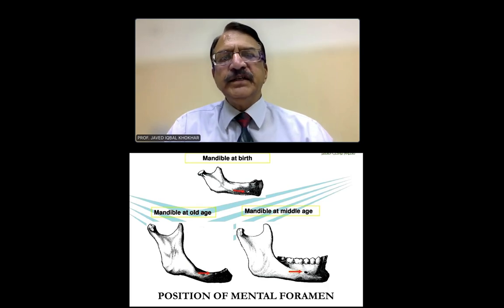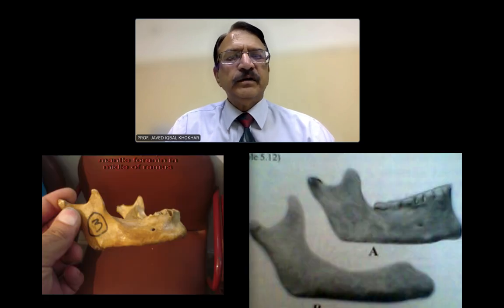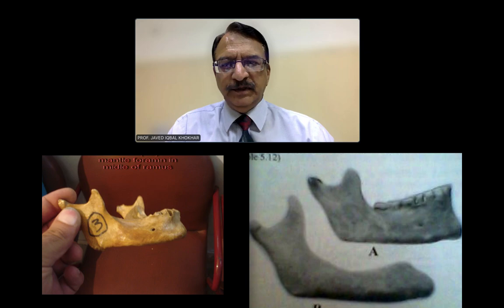Here you can see the upper diagram showing the mental foramen near the lower border, which is of a child. Then in middle age, you can see the mental foramen in the middle. And in old age, due to resorption of the alveolar ridge, it is near the upper border. This is the bone of an adult. Mental foramen is in the middle.